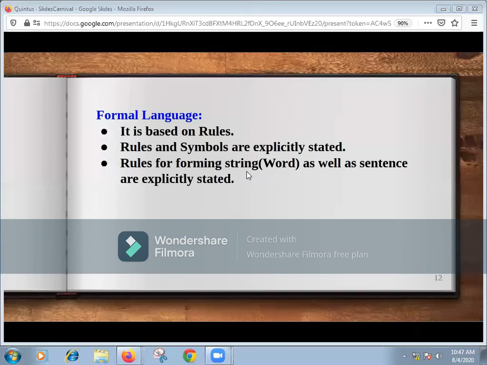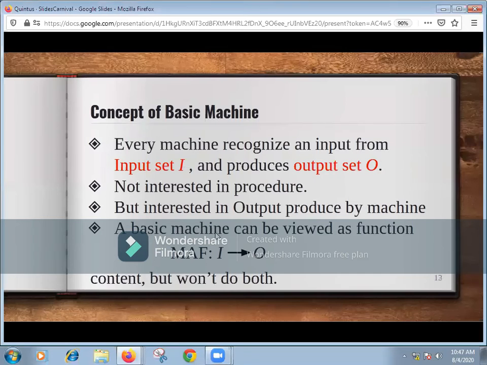Currently, just remember that whenever we use a formal language for a machine, it is completely based on certain rules.